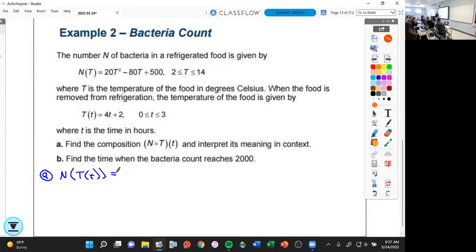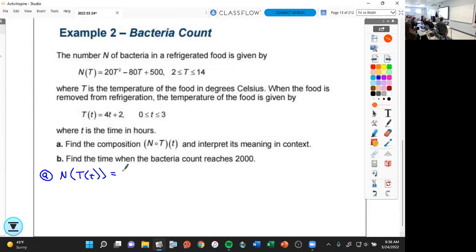Say that again. N of t is 20. It is. And then E would be 4. So I need to replace, I'm going to take my N of capital T, okay? And anywhere I have a capital T, I'm going to replace capital T with capital T of lowercase t.